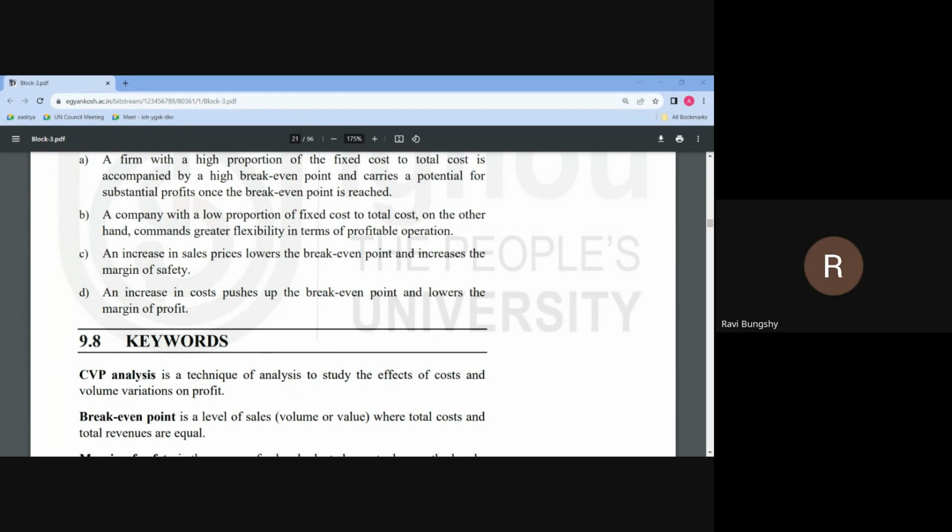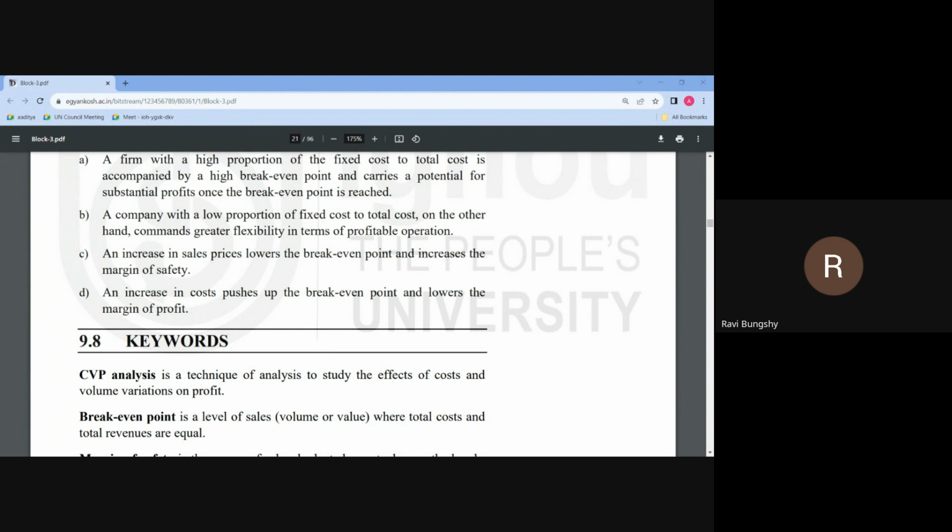So these values are obtained: 4,26,000. The values are as per the calculation, as per the information given. Sales minus variable cost, that is marginal, minus your fixed cost.